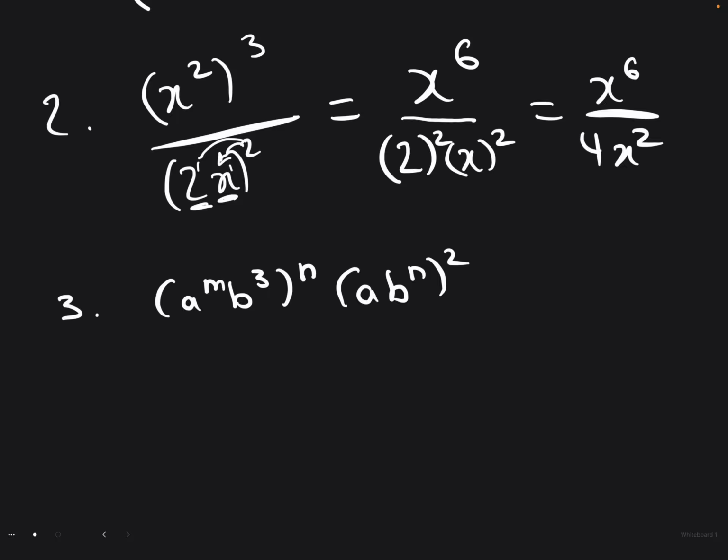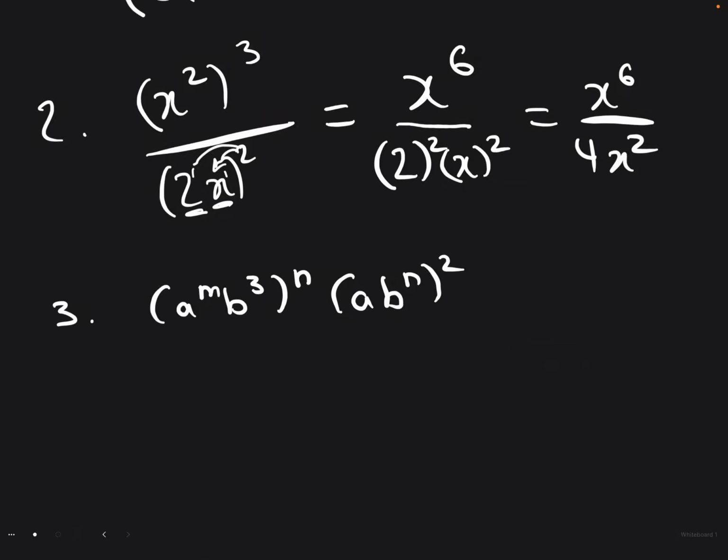So to solve this question, you would do the same thing that we applied in question number 2. Since these are coefficients of each other, you'd multiply into their exponents separately.